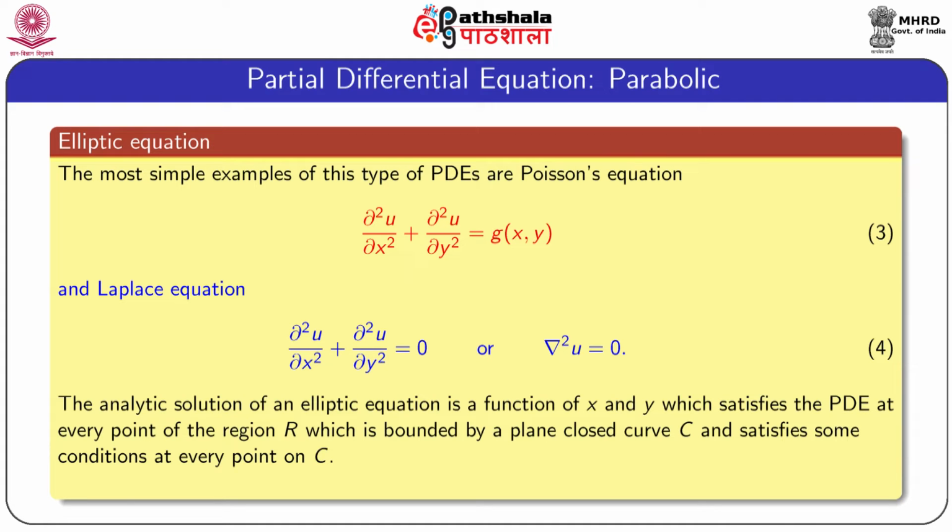The analytic solution of an elliptic equation is a function of x and y, and the solution must satisfy the partial differential equation at every point within the region R where the equation is defined, which is bounded by a plane closed curve C. Also, the solution must satisfy the given condition at every point on the boundary C. So, these are the sufficient conditions for a solution of equation 3 or 4.